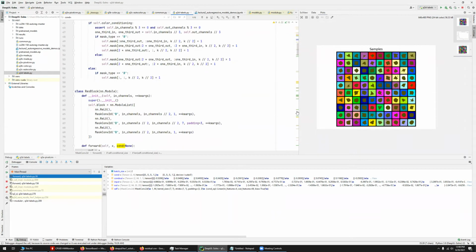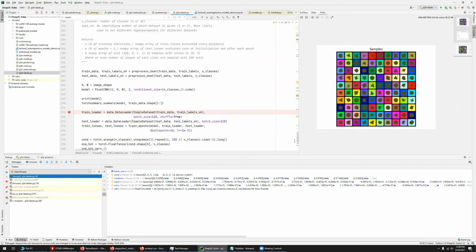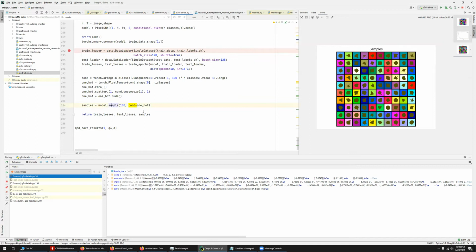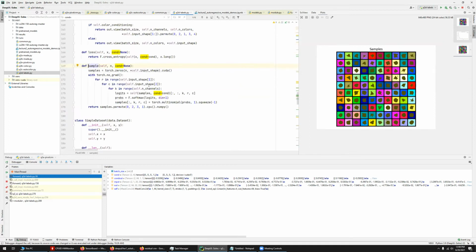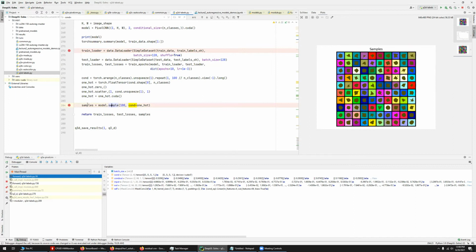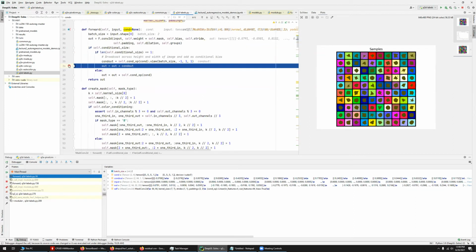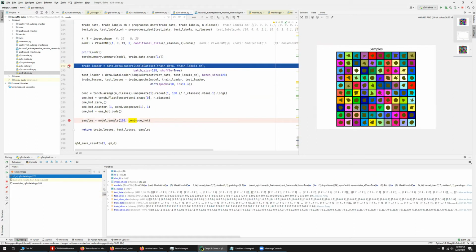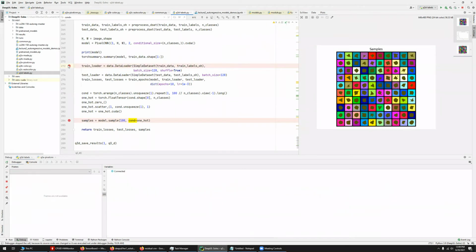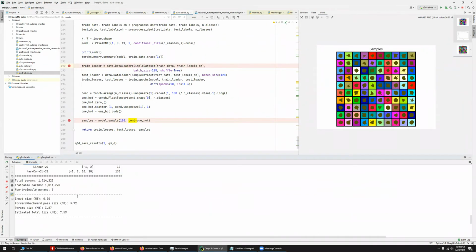When we sample it, that's the other interesting part: we send a condition, and this is done here.